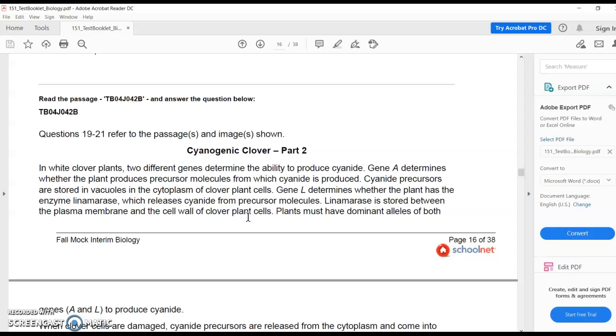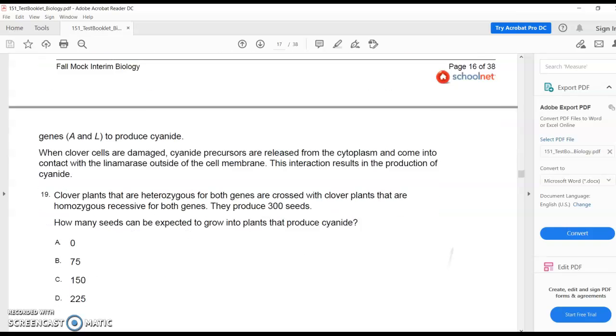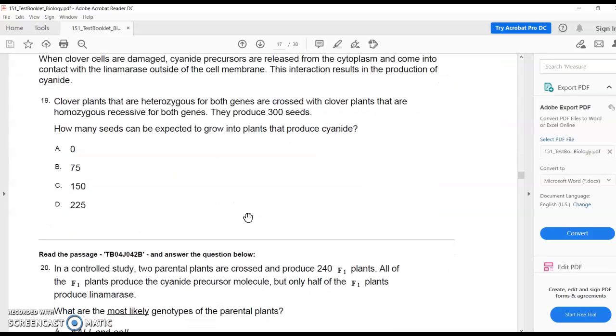So I'm really glad that we did that dihybrid before we left for Thanksgiving break, because you would need that here. So one thing that you could do for 19 is that it says there's 2 different genes that control the production of the cyanide.